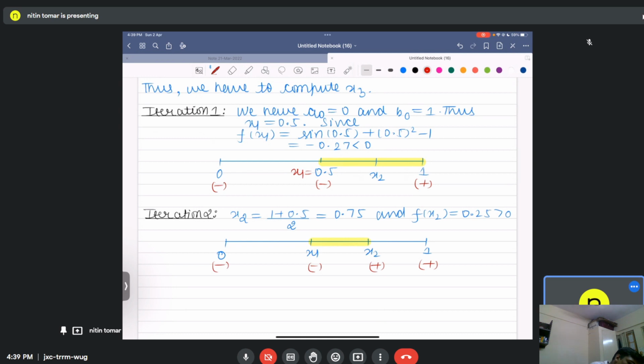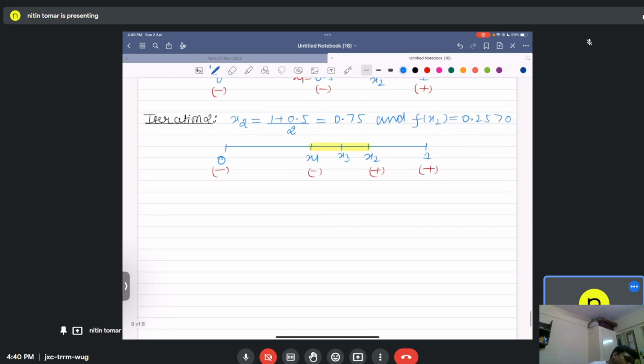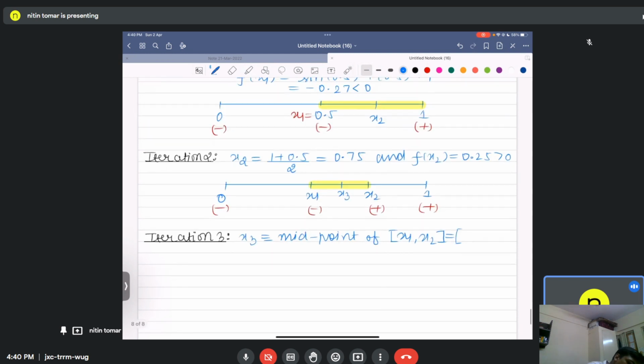So now we need to compute, as the third iteration, your x3. Iteration 3 is x3. What will it be? It will be the midpoint of this interval x1, x2. And what is x1? x1 is 0.5.